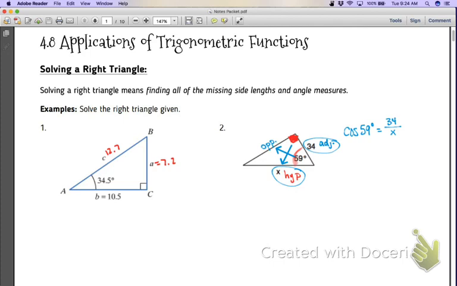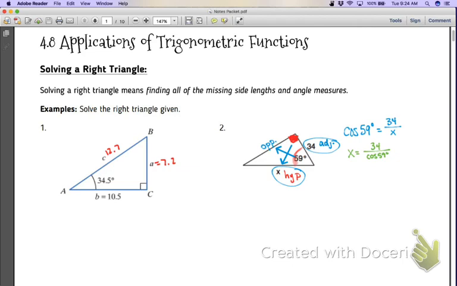Now, x, or my hypotenuse, is in the bottom side, so what do I need to do with the x and the cosine of 59? Swap places. So, cosine of 59 degrees is on the bottom, 34 is still on top.